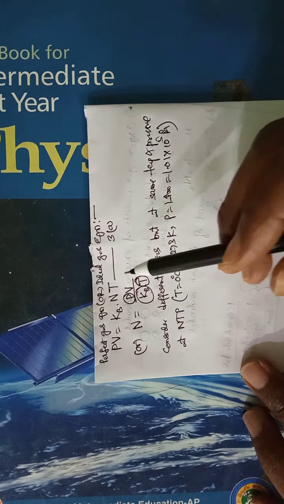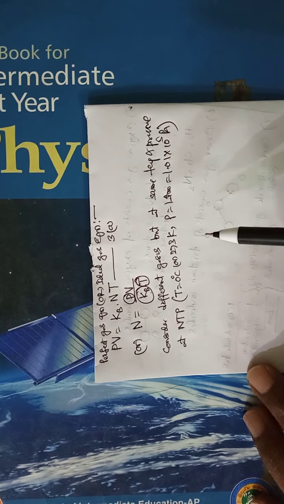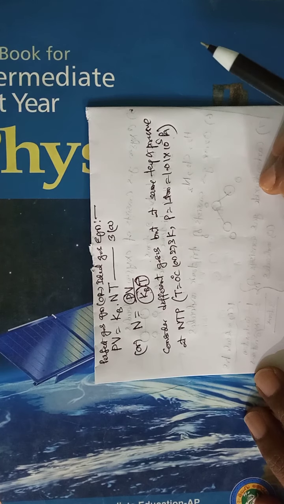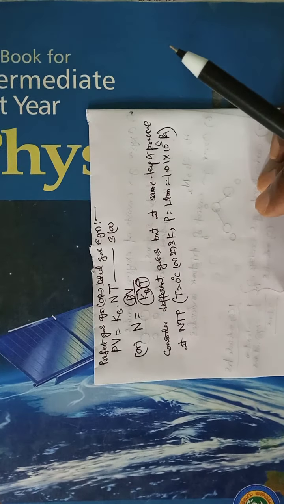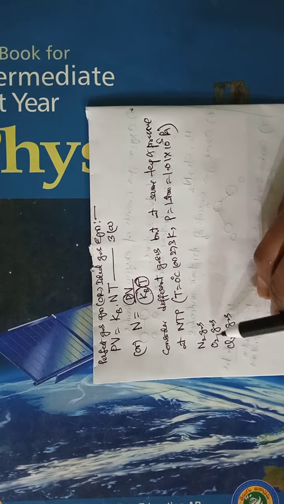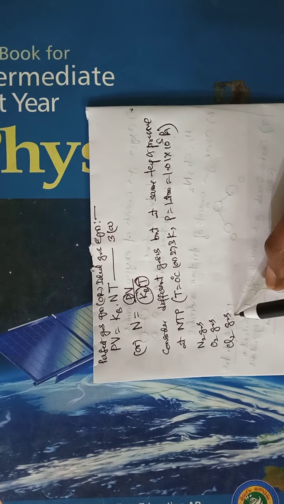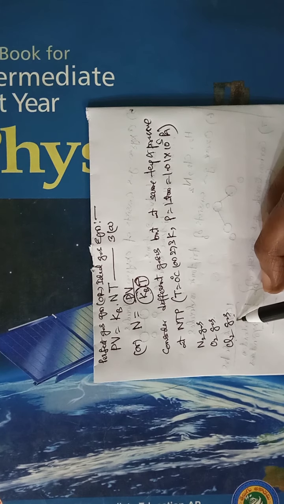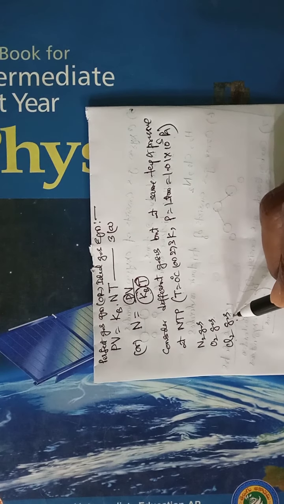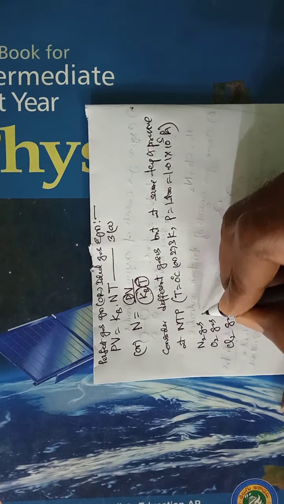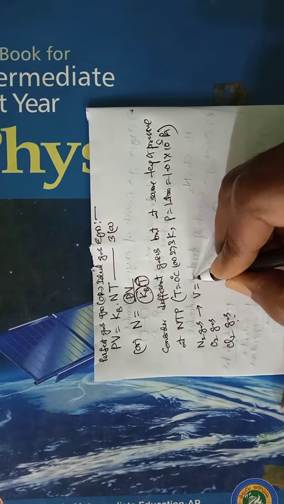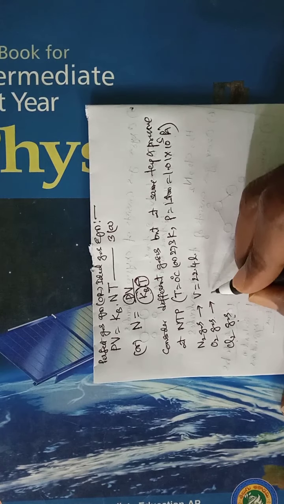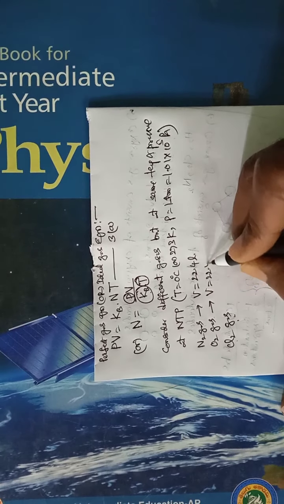So a given volume of gas will contain a certain number of molecules. Nitrogen gas, oxygen gas, chlorine gas. These are the different gases. Let us consider the three different gases with the same volume. Say suppose 22.4 liters of nitrogen. You have taken oxygen also 22.4 liters.